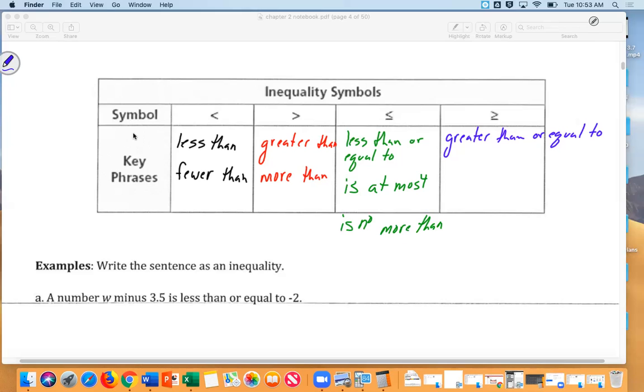And then likewise with greater than or equal to, we have "is at least," and then we have "is no less than." So these are just the key phrases, and that's going to help us translate these verbal sentences to actual algebraic sentences. So I'm going to let you go ahead and copy that down.